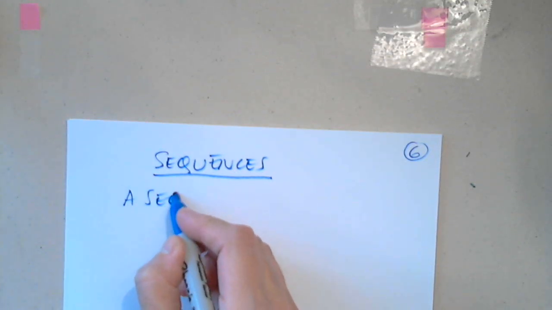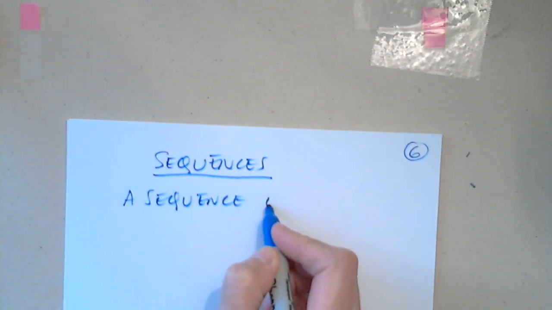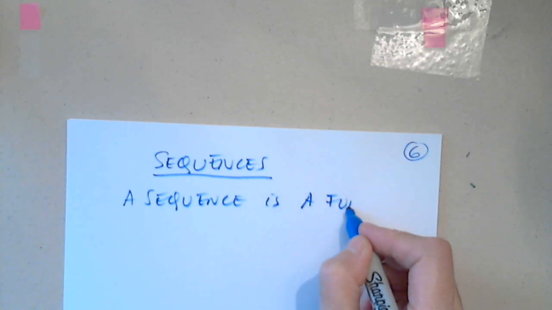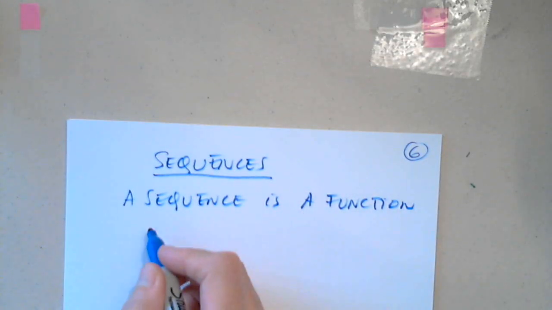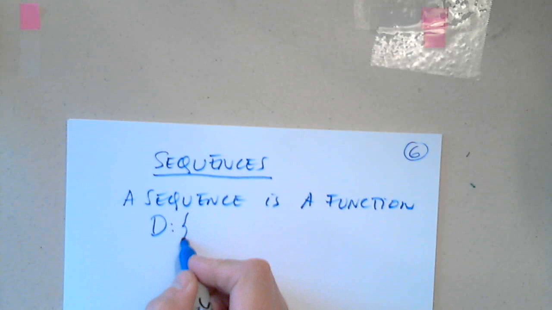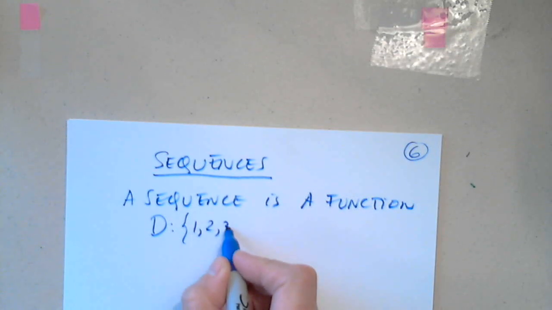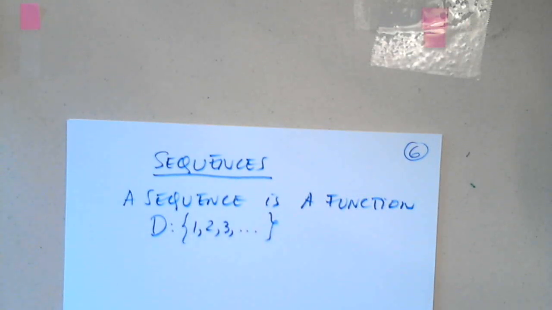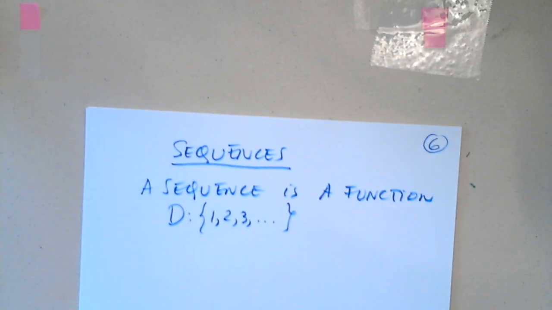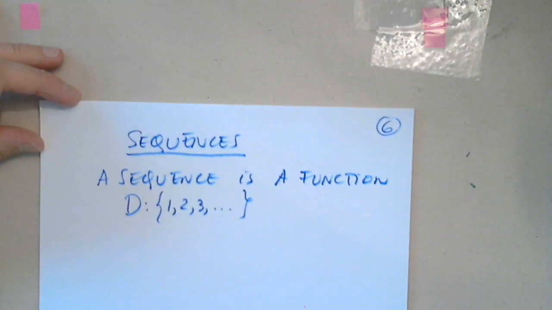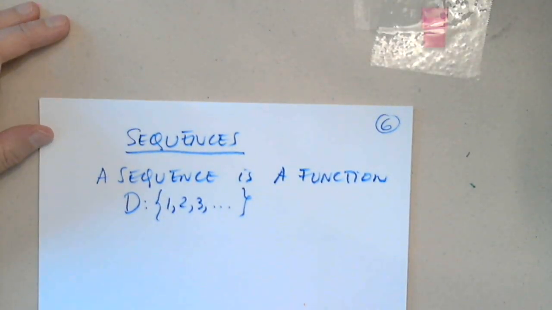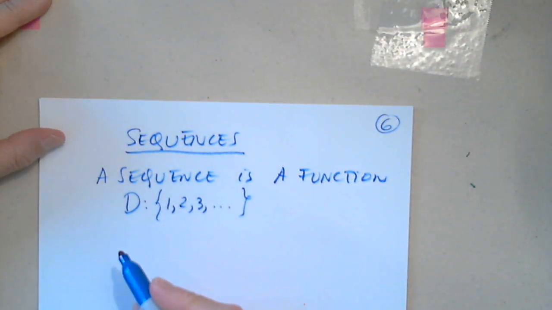A sequence is a function. The domain of the function is only 1, 2, 3, ... positive natural numbers. And what is the range? Or how does it look?